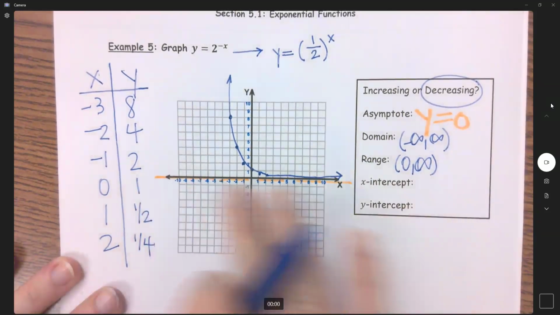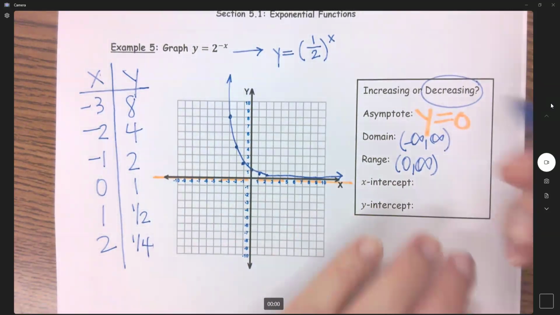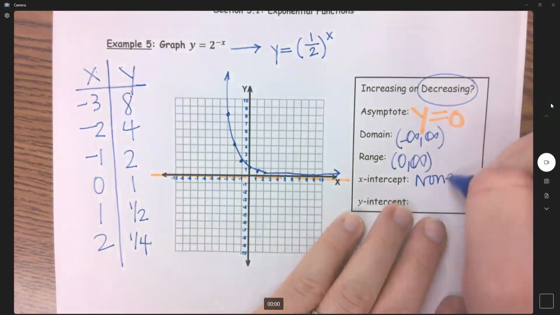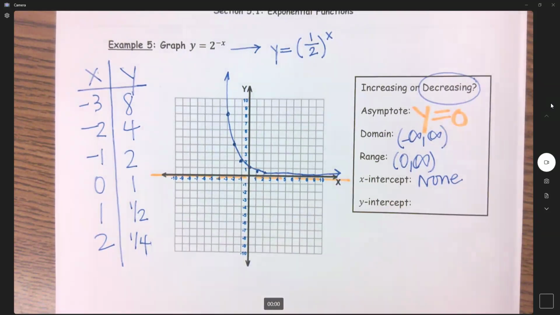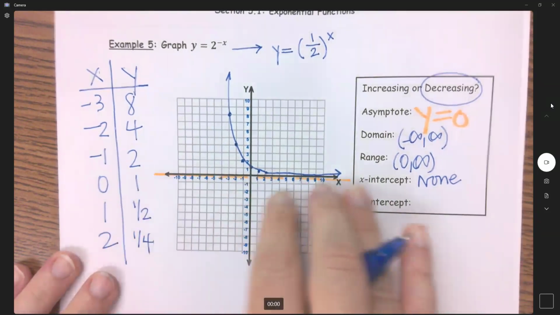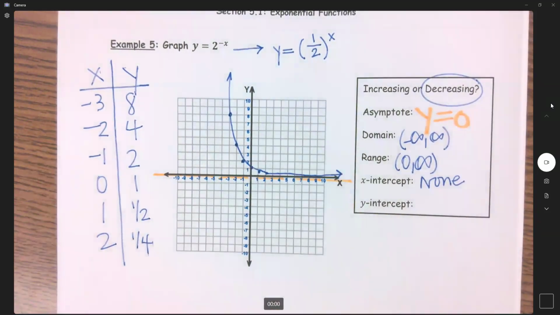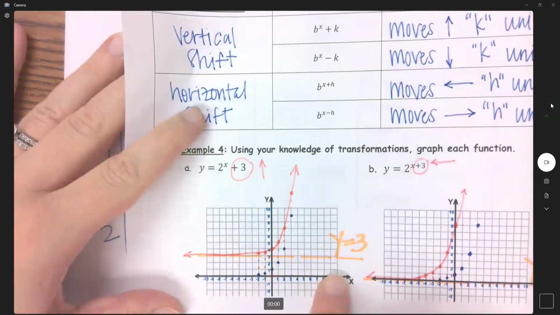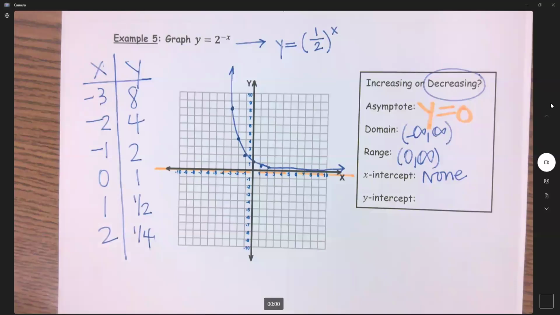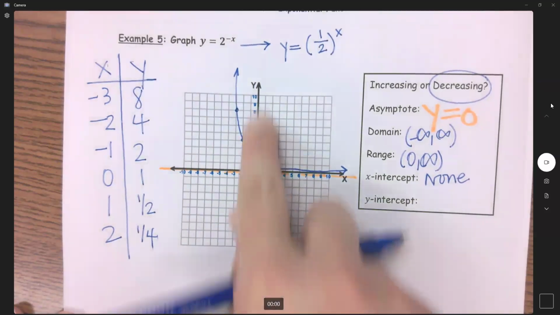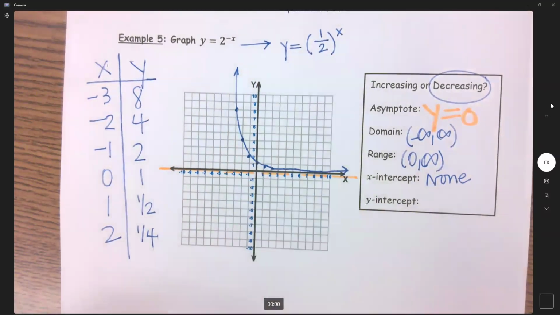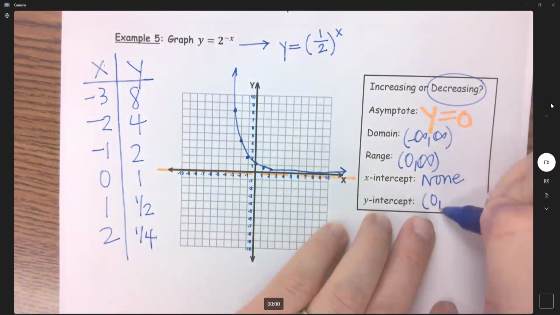Again, if that horizontal asymptote is on my x-axis, then I'm not going to have any x-intercepts. And that also works if that horizontal asymptote is above, right? So if we look at example 4a, when that horizontal asymptote was above the x-axis, then it's never going to cross that x-axis either. And then what is my y-intercept? Well, where is it crossing this y-axis? Right here at 0, 1.